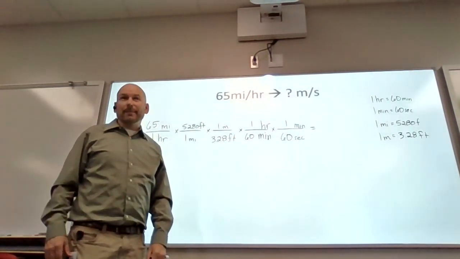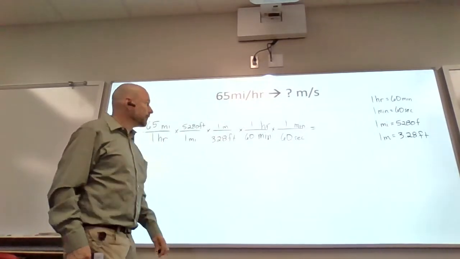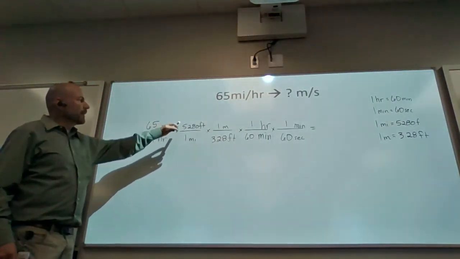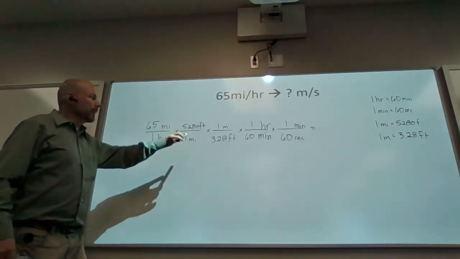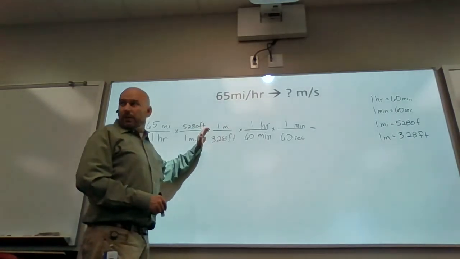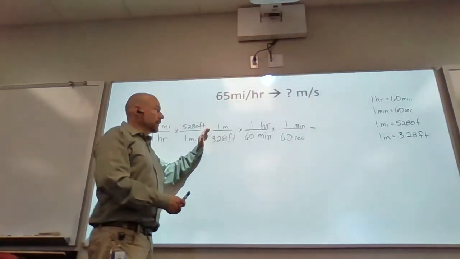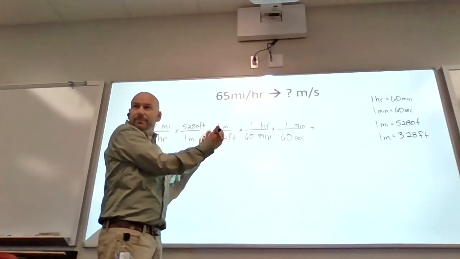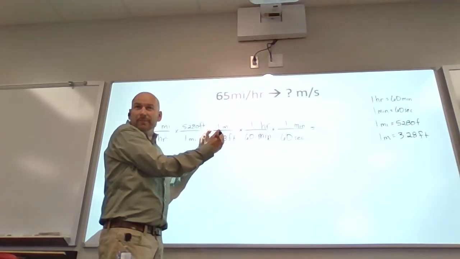That's one way you could do that. Another way is to say 65 times 5,280 divided by parentheses 3.28 times 60 times 60 in parentheses. Those are two ways you could do that.